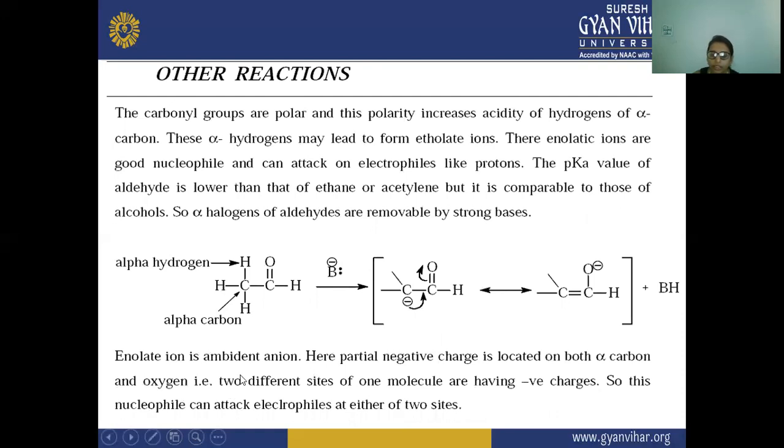The enolate ion is an ambident ion, where the partial negative charge is located on both the alpha carbon and the oxygen, that is, two different sides of one molecule have a negative charge. So this nucleophile can attack an electrophile at either side. Here the oxygen has a negative charge, and the alpha carbon also has a negative charge.